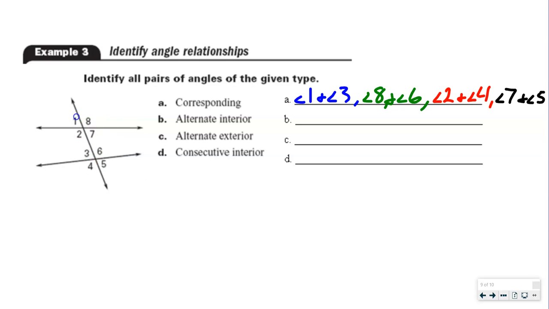Next, we need to look at the alternate interior angles. Alternate interior, so alternate sides of the transversal in between, inside the two lines. So 2 and 6. And 3 and 7.